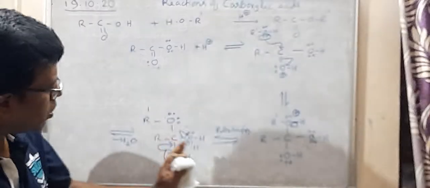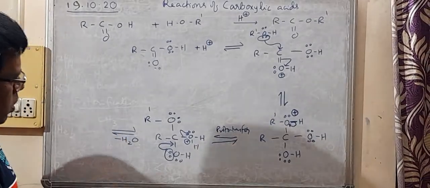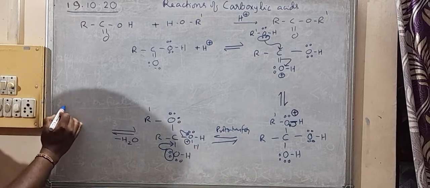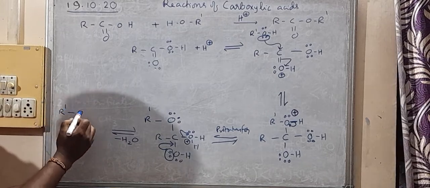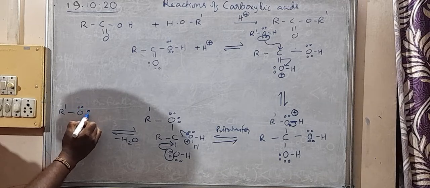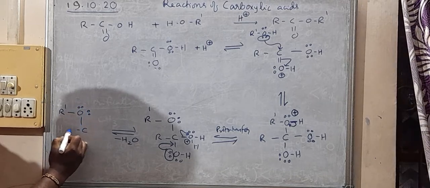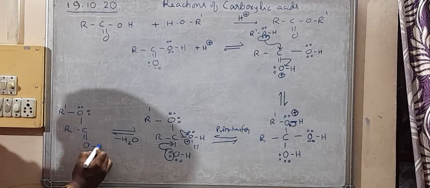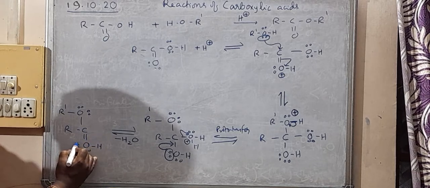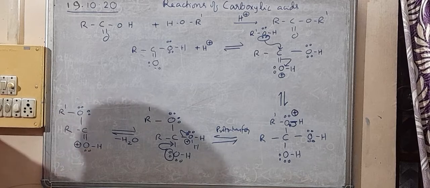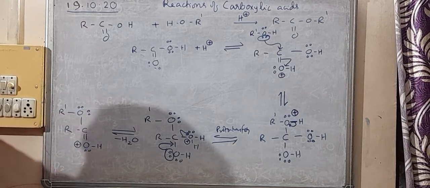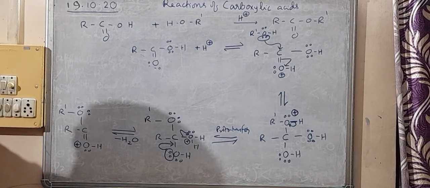This water unit will go out. So there is loss of water, and that will result in R dash O double bond O H, a lone pair, plus. So this has resulted.